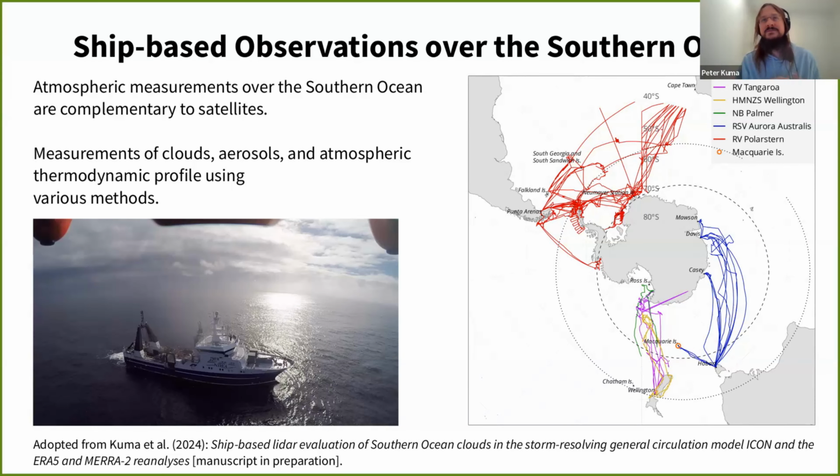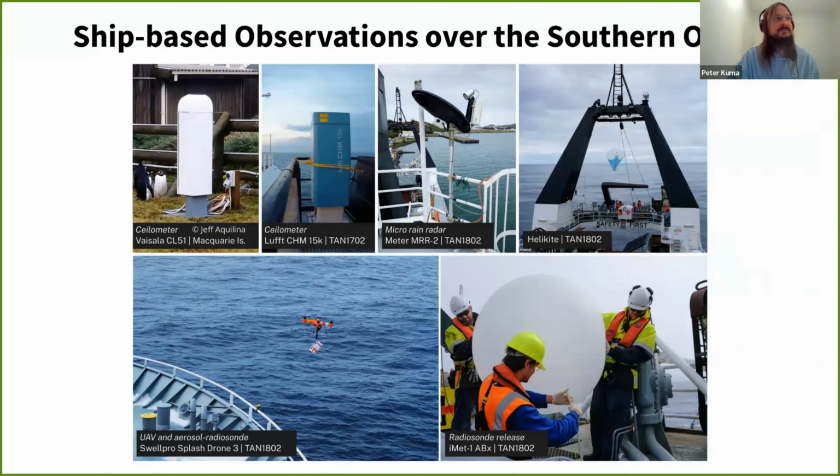A radiosonde is a small package which is launched on a weather balloon and rises up through the atmosphere, and we can measure things like temperature, relative humidity, wind speed, and so on. So we had all these different types of instruments there. These first two are lidars, or what's called a ceilometer. It works by sending a pulse of laser radiation up, and then it measures the amount of radiation which is scattered back into the instrument.